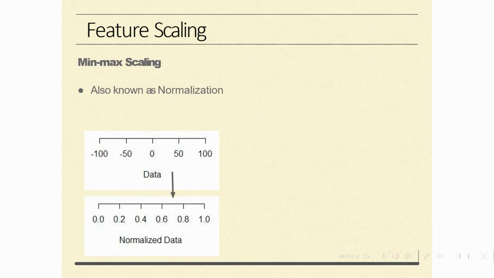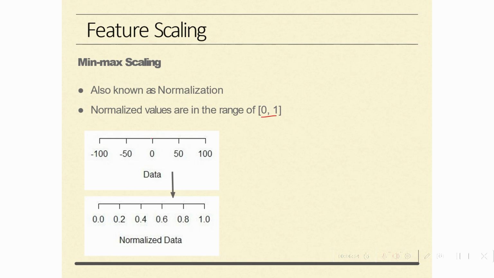Here we'll see the first technique, called min-max scaling, also known as normalization. Normalized values are in the range between 0 and 1. For example, say the original data is -100, -50, 0, 50 and 100.